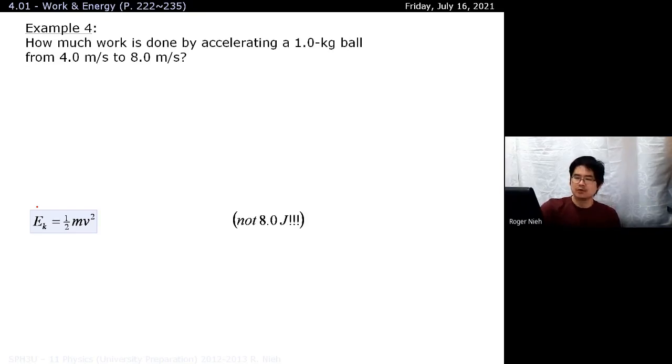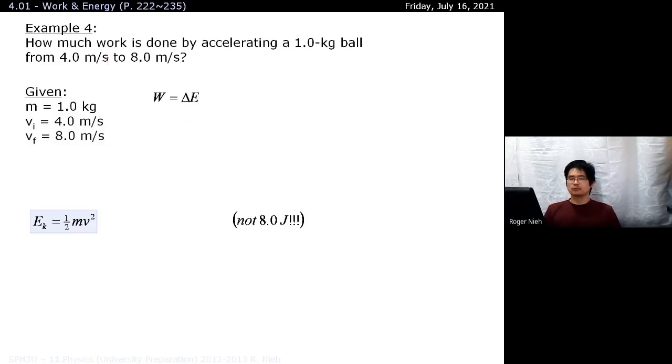So that 4 meters per second is previous energy you already had in the past. We're talking about the work required to accelerate from 4 meters per second to 8 meters per second. Keeping that in the back of your mind, really, we're just solving for work. Work is equal to delta E. As I said, you already had energy at the beginning, that kinetic energy of you already in motion at 4 meters per second.